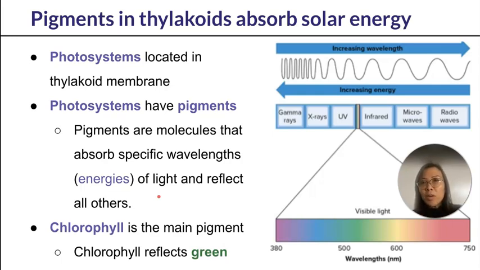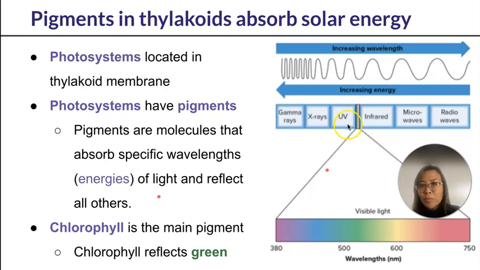And so here we have this chart of wavelengths. As the wavelengths get longer, we're increasing the wavelength, and they actually decrease in energy. So the wavelengths that are really short, such as these, actually have a lot of energy. And most wavelengths that we are able to see fall within this sector right here.